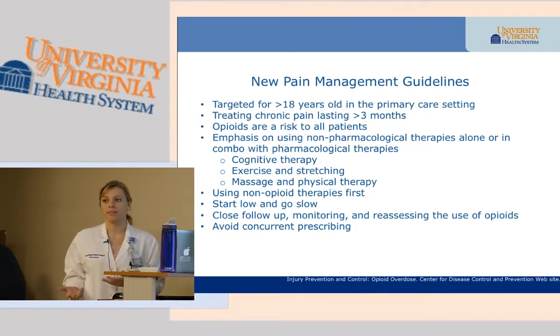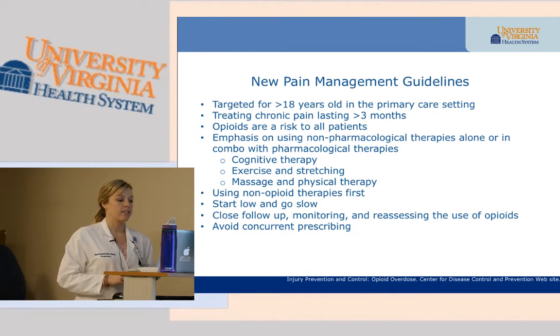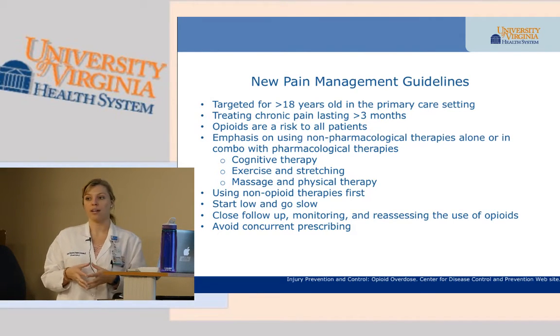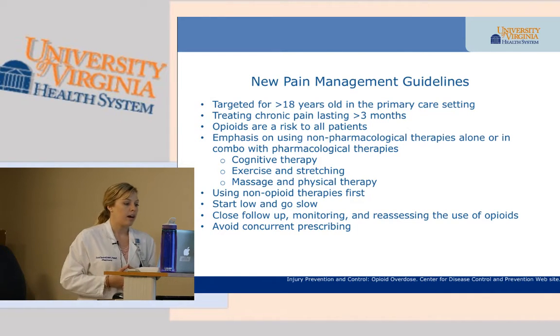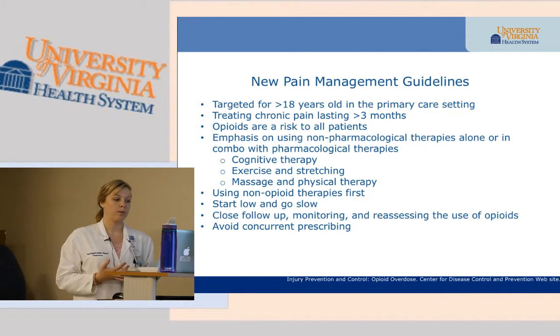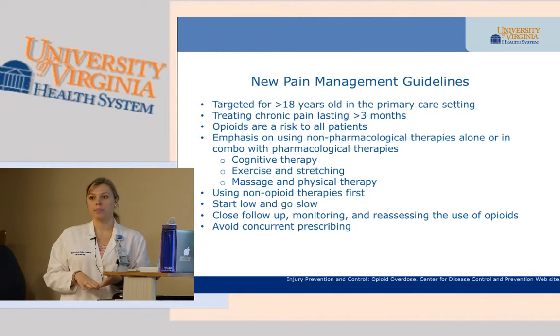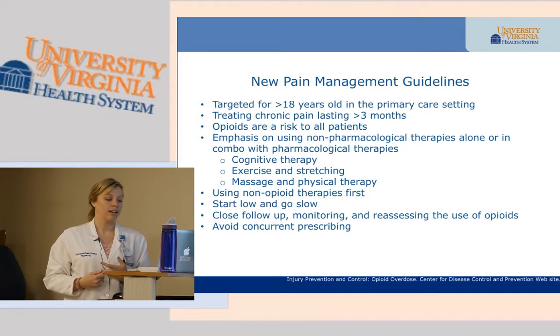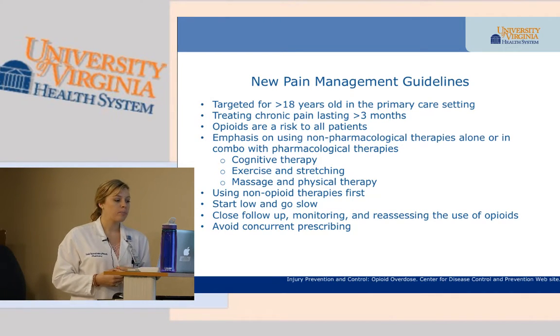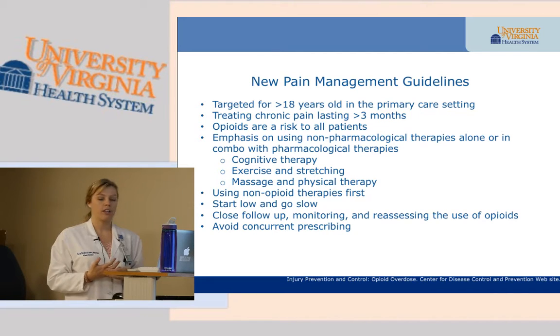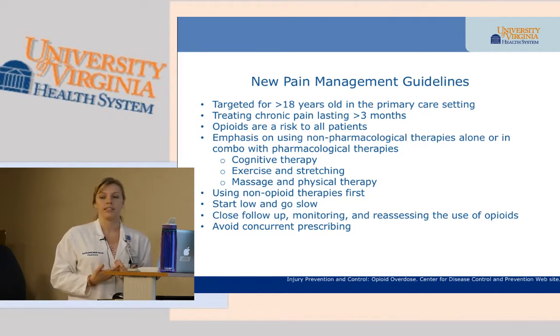So they need to talk to a professional about that. Exercise and stretching have shown to help a lot, and massage and physical therapy have been shown to help. And obviously emphasizing non-opioids first, like our Tylenol, ibuprofen for more acute pain. And then if you must use opioids, starting low and increasing very slowly. And again, reassessing at every visit and close follow-up is very important.